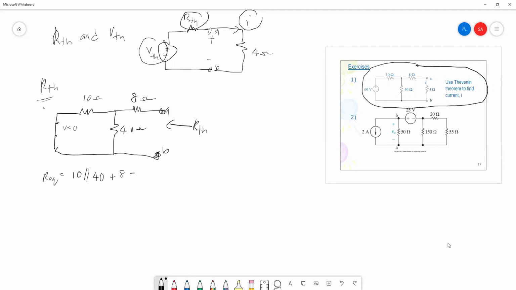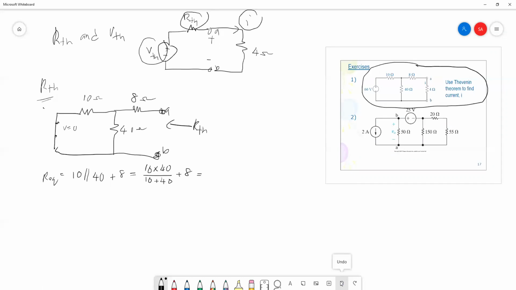Which is equivalent to 10 multiplied with 40 over 10 plus 40, plus 8.